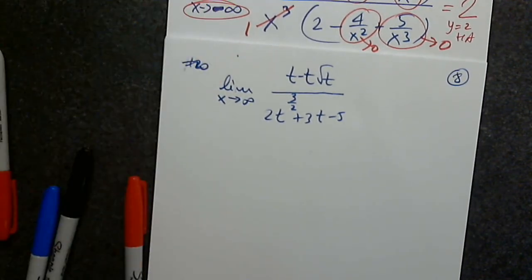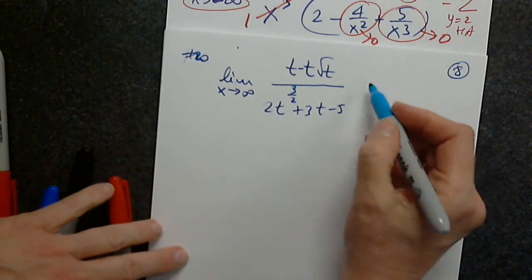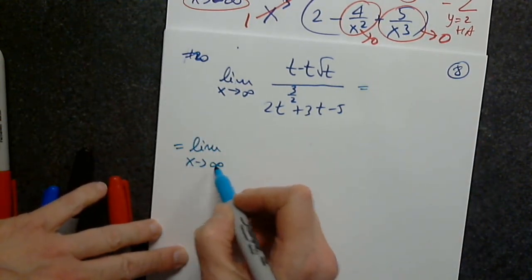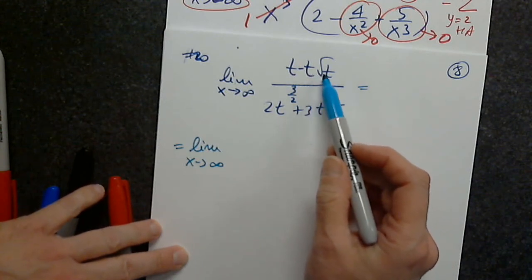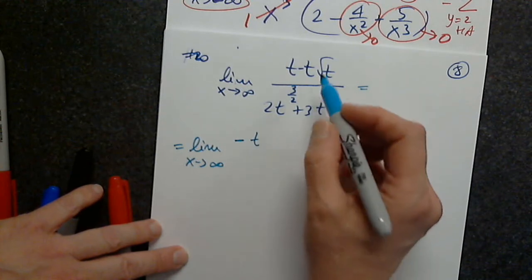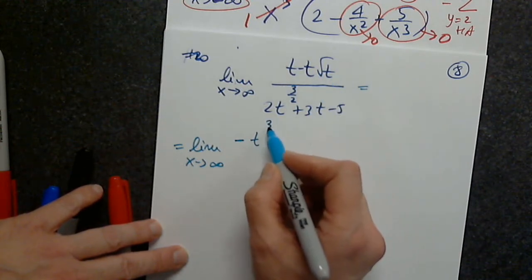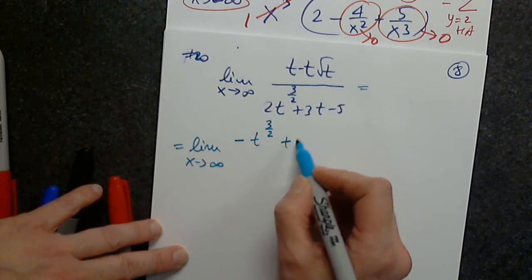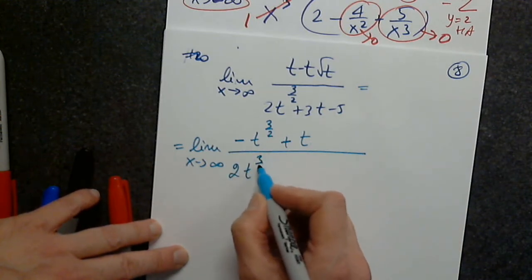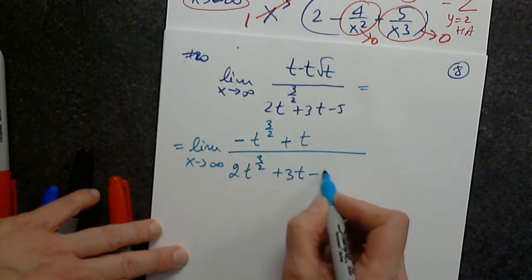So let me change everything and put everything in descending order so we can correctly identify everything. So t times the square root of t, with minus in front, is t to 1 plus 1/2, which is 3/2, and plus t. And then 2t to 3/2 plus 3t minus 5.